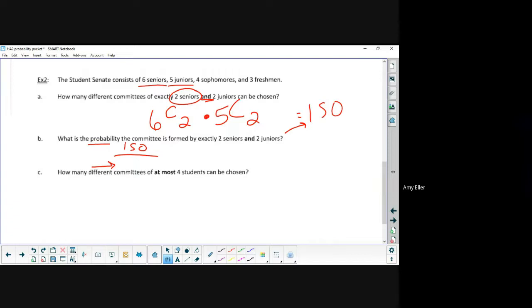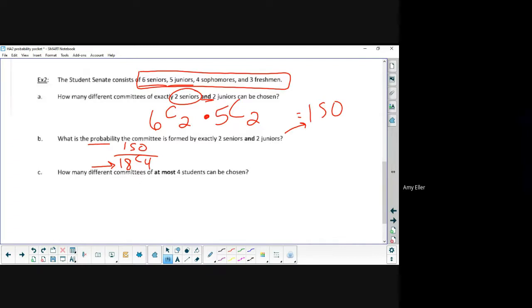How many people are going to be on the committee? 4. How many total people do we have to pick from? A lot. 6 plus 5 plus 4 plus 3. 18. We have 18. Choose 4 people.